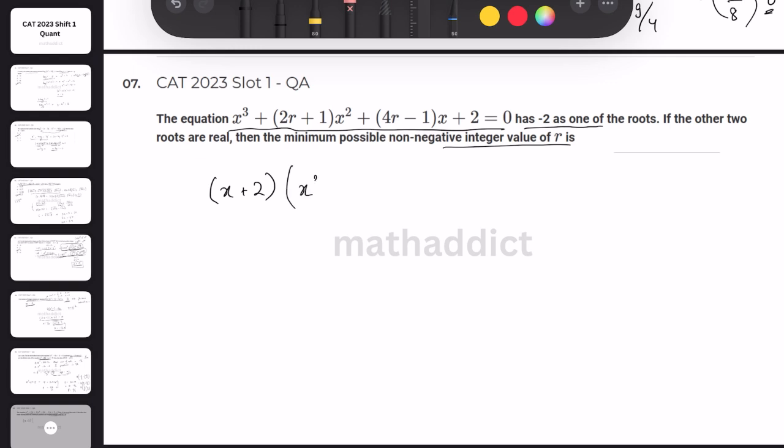So we'll have x square plus 2x square, but we need 2r plus 1. So that gives us 2r minus 1 x. Sorry.